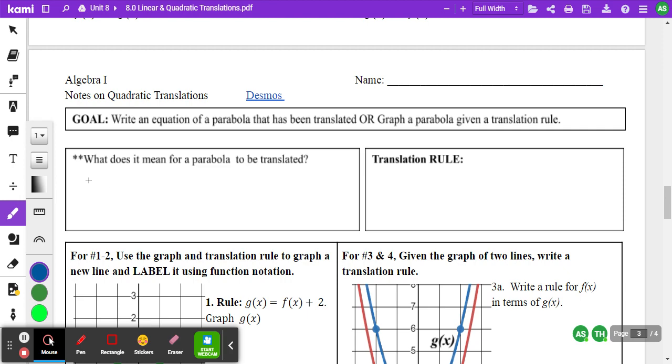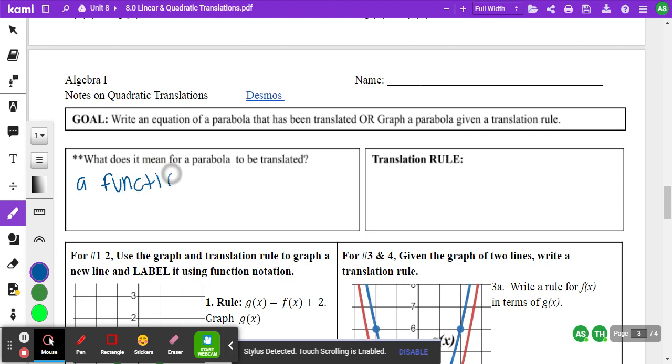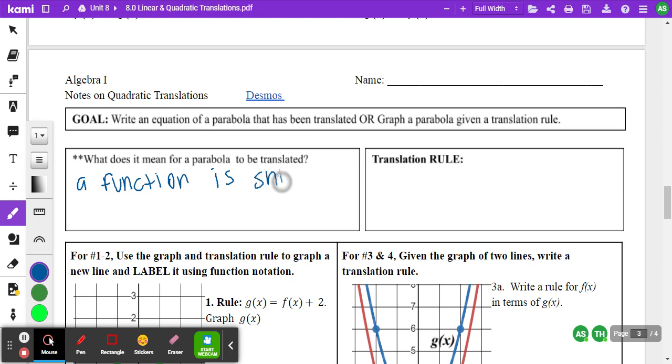This is very similar to yesterday. A function is shifted up or down or left or right.